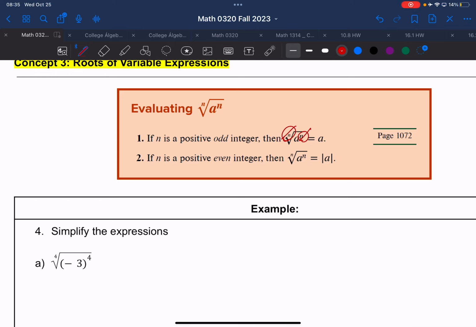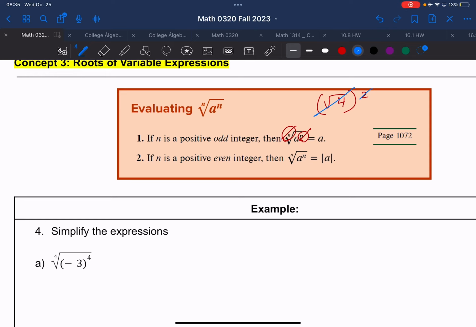So if you take the square root of 4 and then square it, what's going to happen to those square roots in that square? Cancel, because they're opposites of each other. So that means the answer would be 4. If they are the same and they are odd, then the answer is just whatever is inside of that radical.